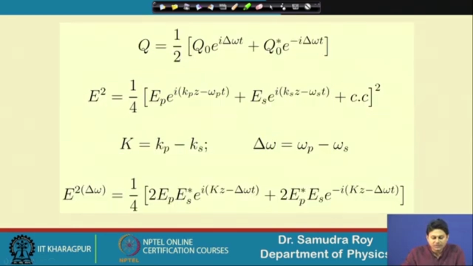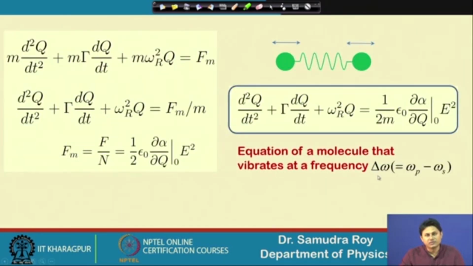In order to solve this equation, I write q in this form, half q 0 e to the power i delta omega t plus q 0 star e to the power minus i delta omega t. Here q 0 is a complex amplitude which has a frequency delta omega, because we know the molecule is vibrating with a frequency.